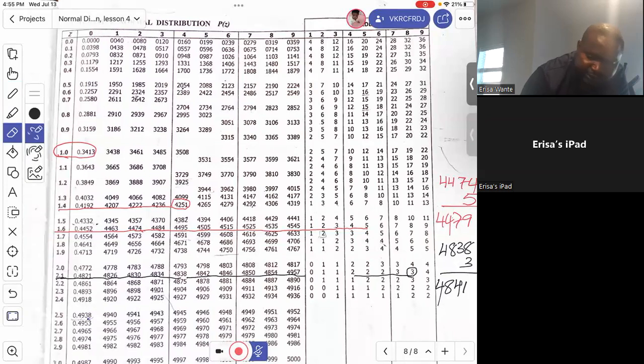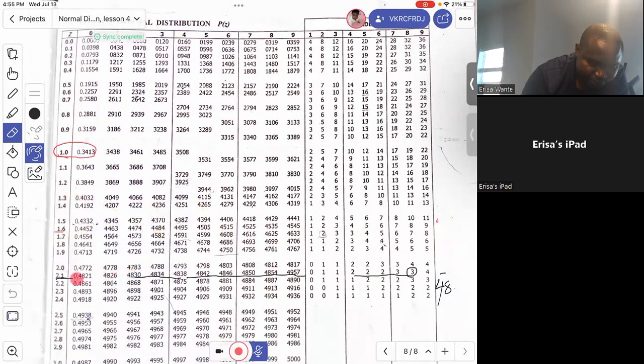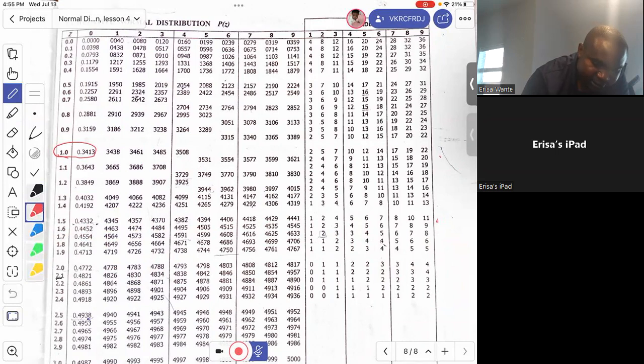Okay, this is okay. So I want 1.002. What I do, I get 1.0 and then 0, which is 0.3413.